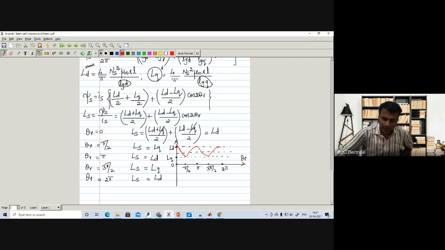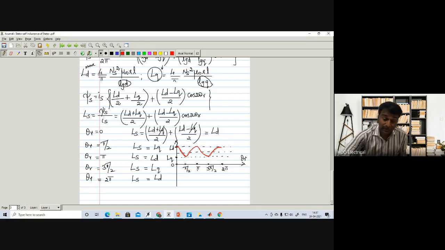So we will have 2 cycles of change within this one cycle. The inductance variation will vary like this. In normal cases, it will be a smooth waveform. So this is the variation of inductance of a salient pole rotor when the stator is excited.